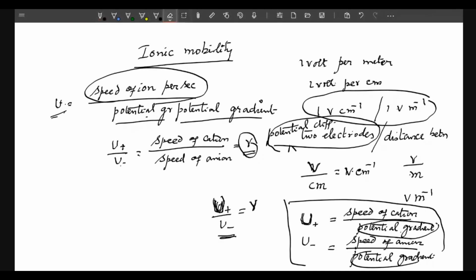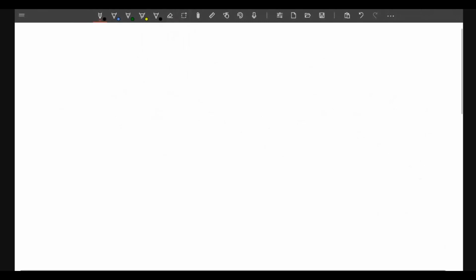Now we are going to see the relationship between ionic mobility, that is U, and ionic conductance. Ionic mobility is represented as either U plus or minus, and ionic conductance as lambda plus or minus.